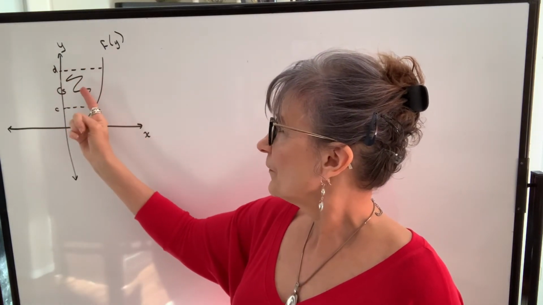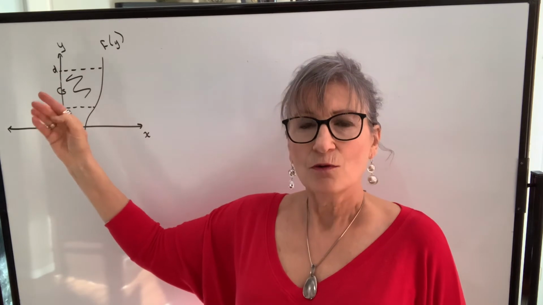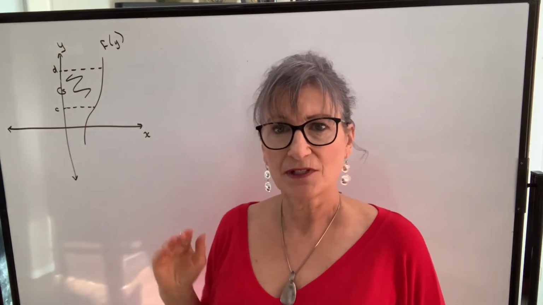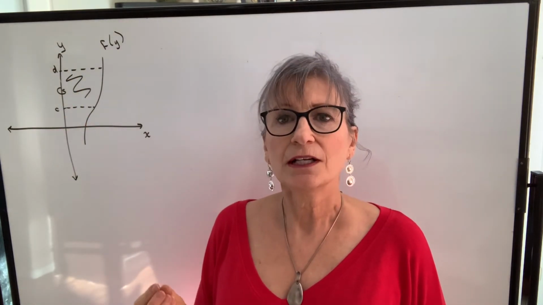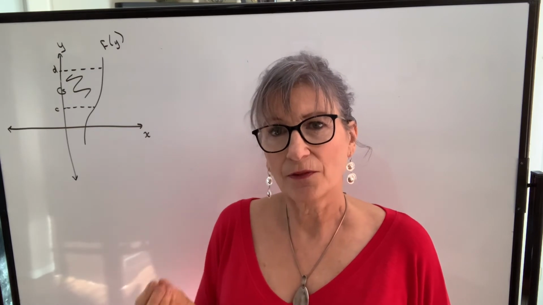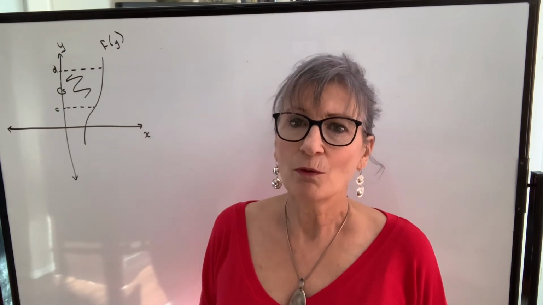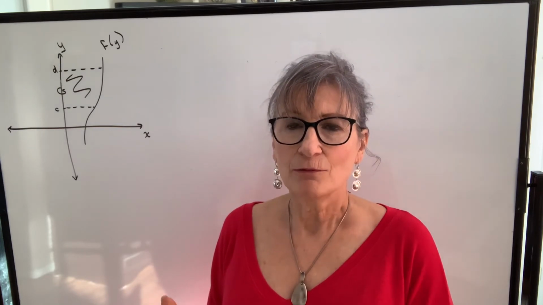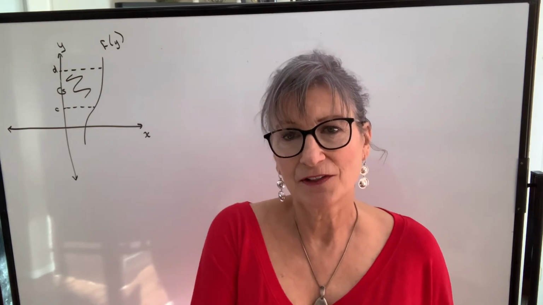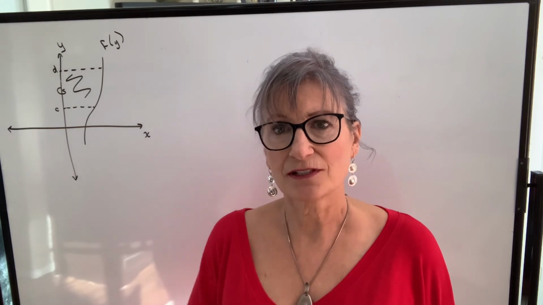When it's revolving about the y-axis, the y-axis becomes an axis of symmetry. So we know that the centroid is on the y-axis, which means the x-coordinate will be 0. What we need to find is the y-coordinate, and we find it the way we found the x-coordinate in the previous formula.